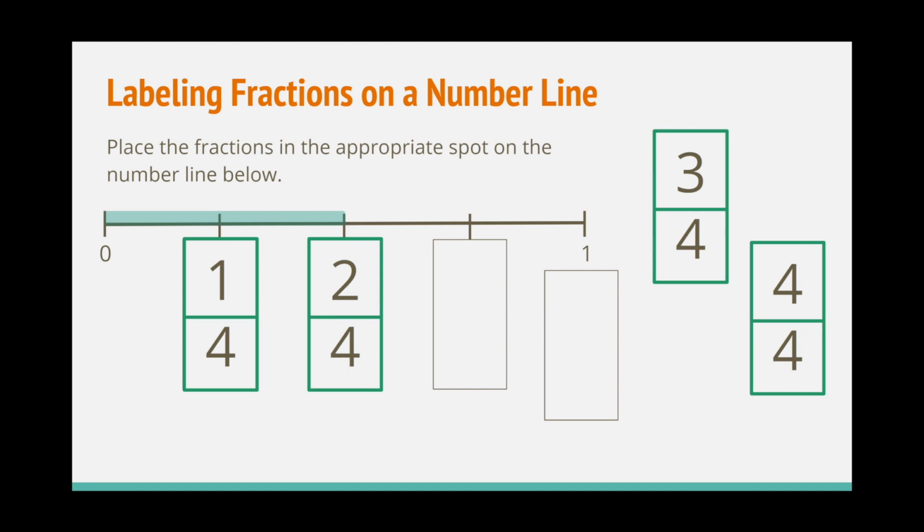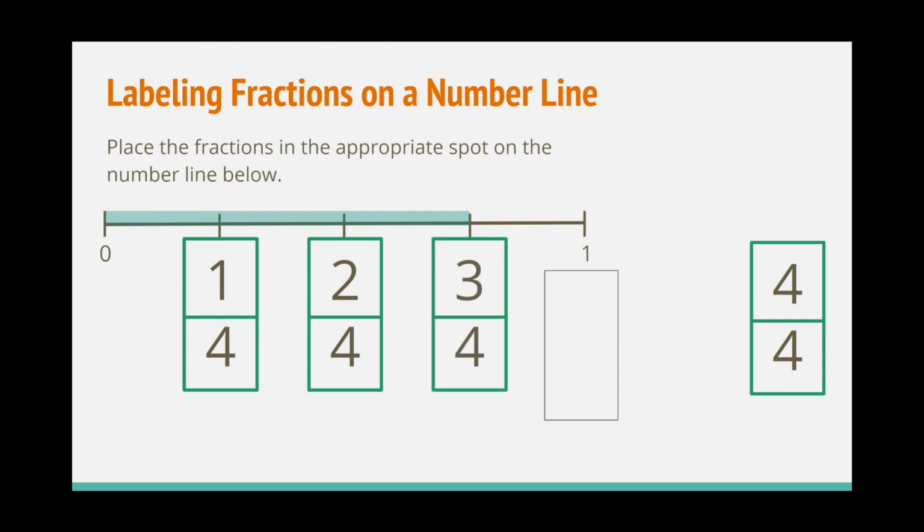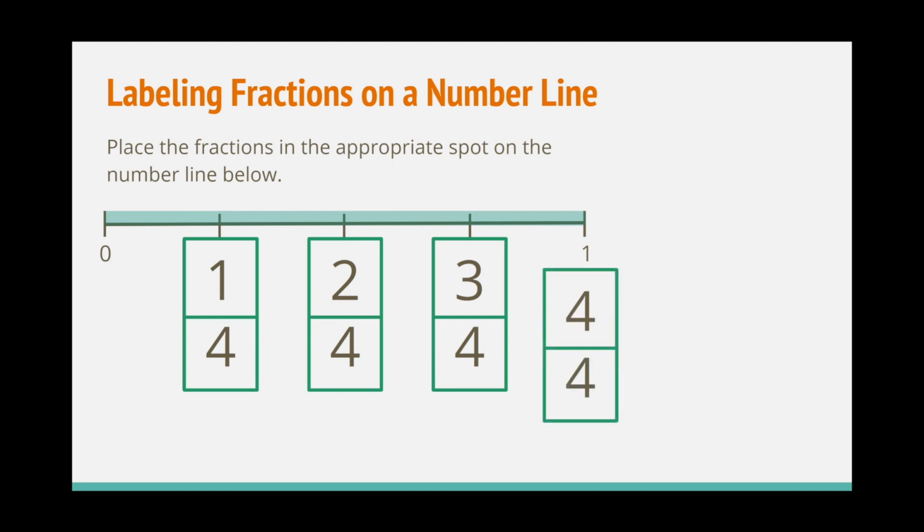Which one do you think goes next? If you said 3/4, you are correct. We have 1/4, that's the first part, 2/4, 3/4, and the last spot is 4/4, which is the same as 1 whole, or having all the pieces. So that's 4/4. We're going to do one more.